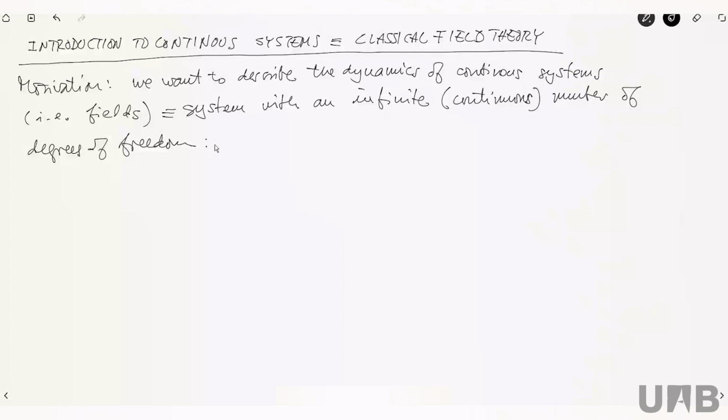So the idea is that from the variables that we have had so far, in which we had a label, an index, okay? So this was little n normally.